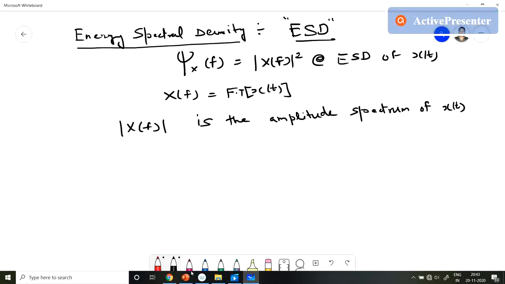So what is the relation between energy spectral density and autocorrelation function? This relation is provided by the Wiener-Khinchin relations for energy signals.